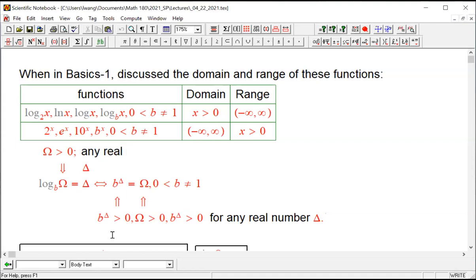So in this relationship, on this side, it tells you about the domain and range of the exponential. On the other side, it tells you the domain and range of the logarithm function. Do you follow me?